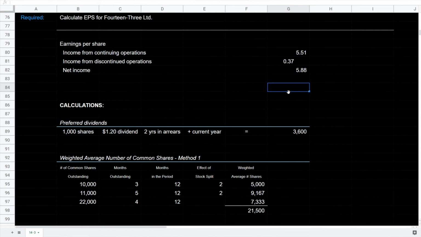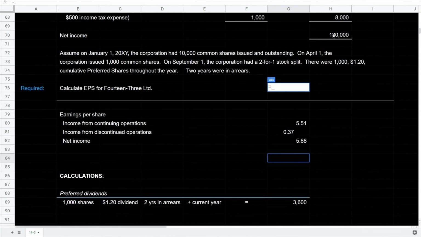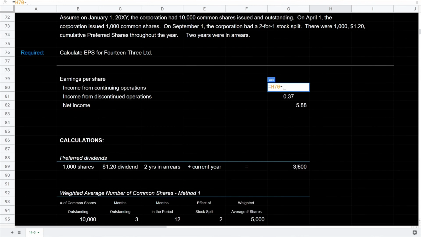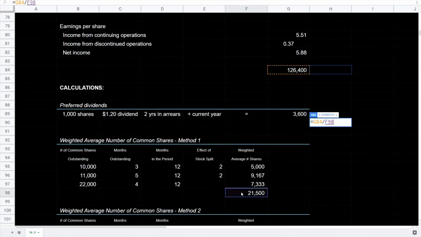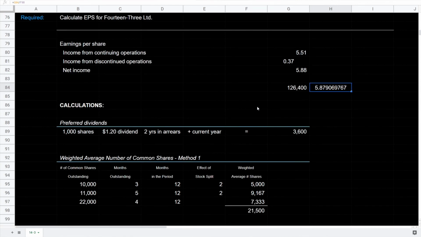We could do a quick check to see if that's right by taking 130,000, our total net income. From that, we would subtract our preferred dividend of 3,600, and then we can take that number and divide it by 21,500, and we get $5.88.